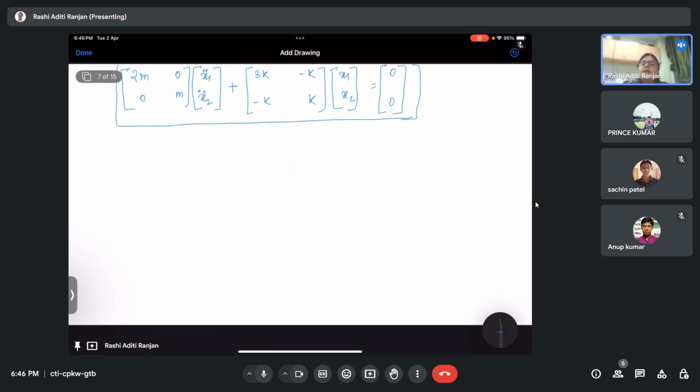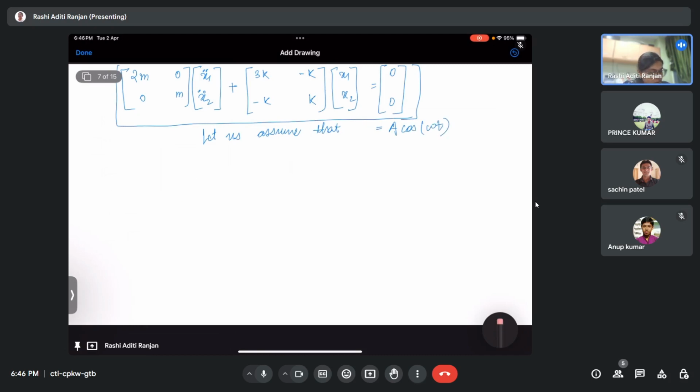Now if I just assume that my solution is in sinusoidal form, let us suppose that X is equal to A cos omega t.